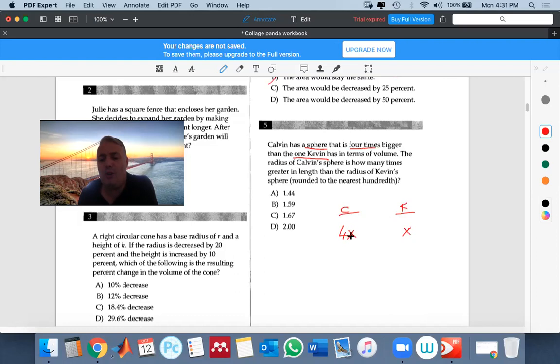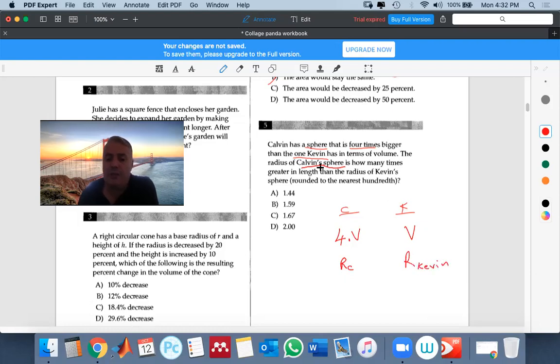In terms of volume, let's call the volume V, and this is 4 times V. The radius of Calvin's sphere, if I call this the radius of Calvin and this the radius of Kevin.